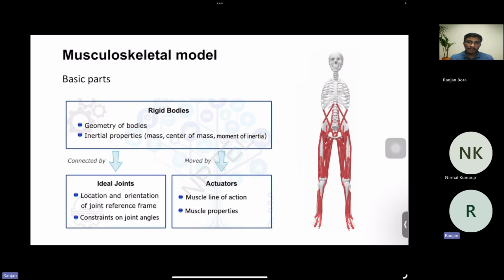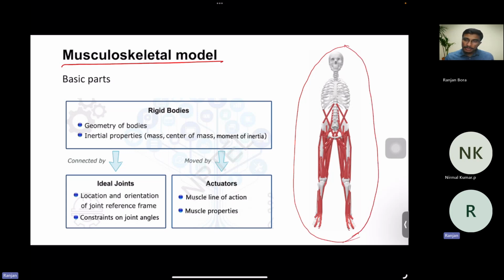Okay, next concept from week 4 is the musculoskeletal model. What is a musculoskeletal model? From this figure, you can see a musculoskeletal model, and why we need this model. We use this model for calculating the joint reaction force using simulation.